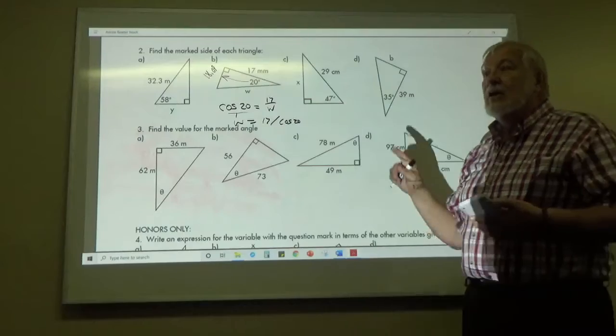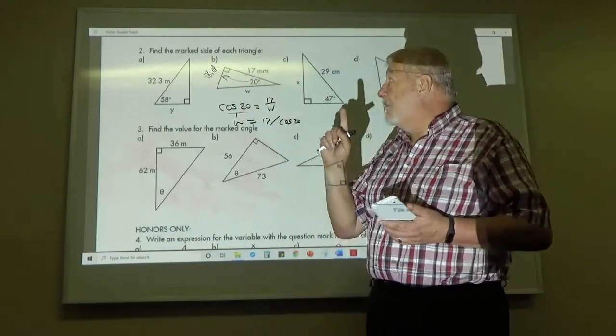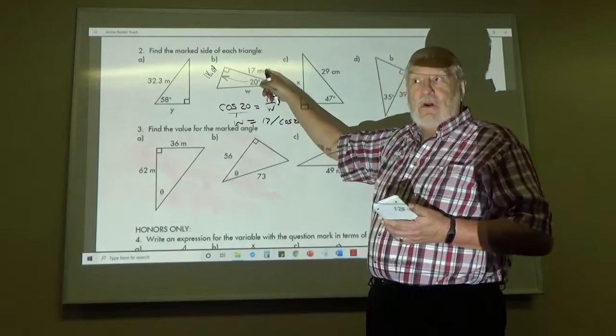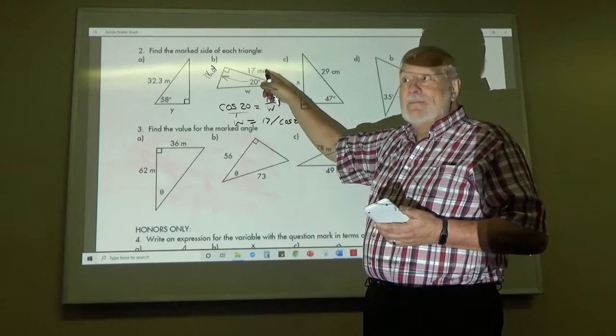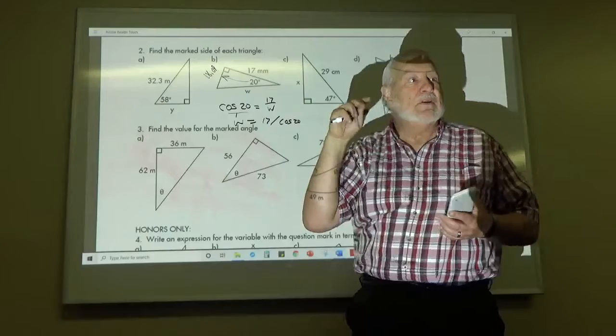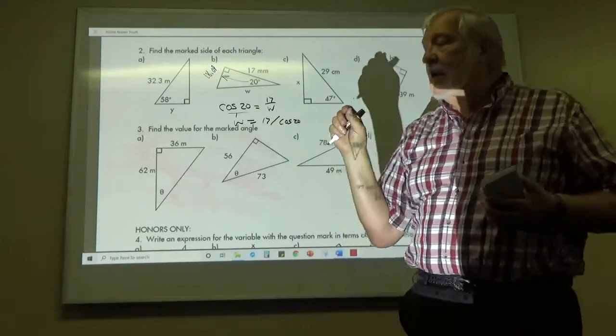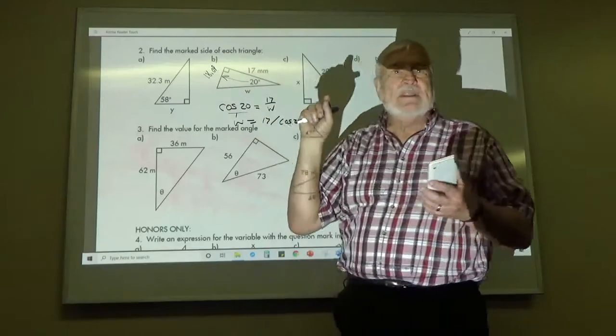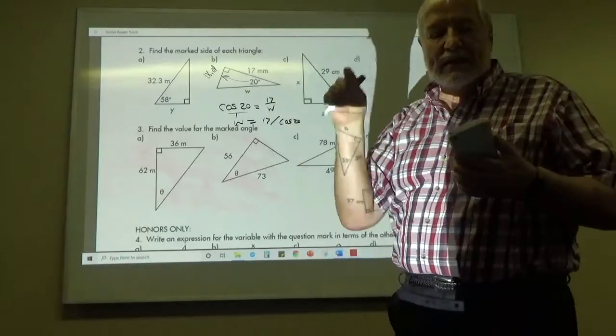Okay? Now, the tangent function is sine leg over cosine leg. Okay? Now, I'm going to show you what inverse does. All right? I'm going to use the tangent function, but instead of tangent, I want second tangent.